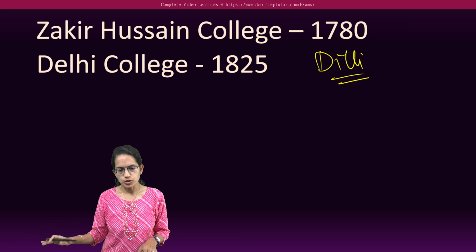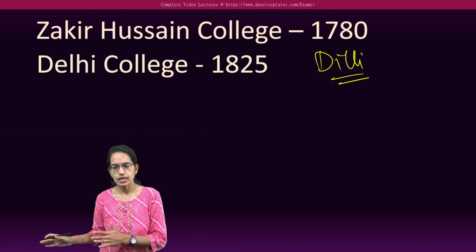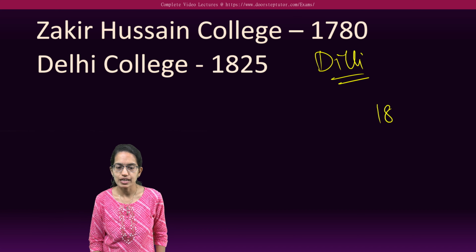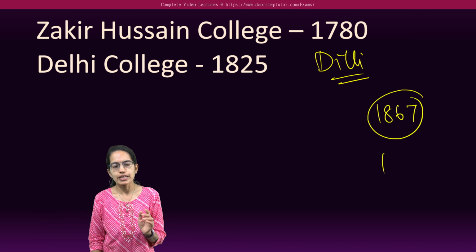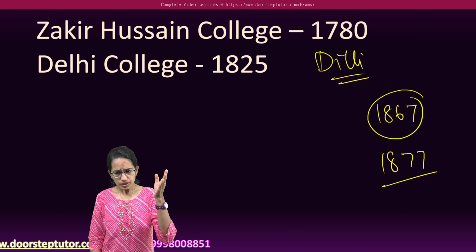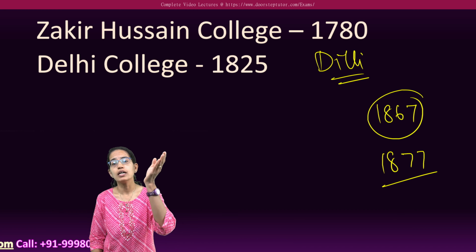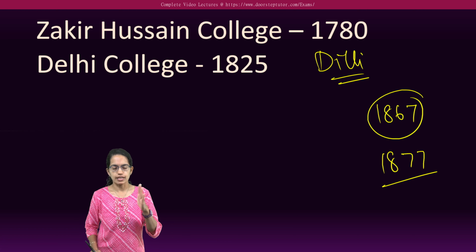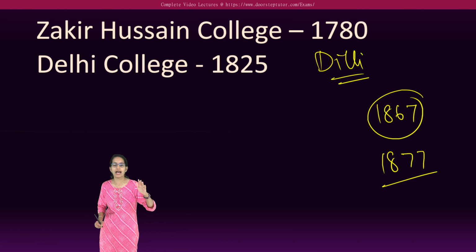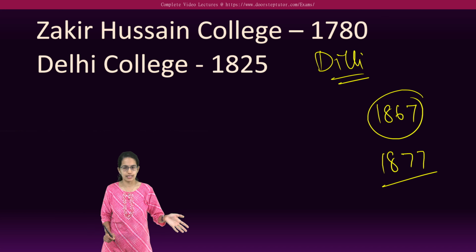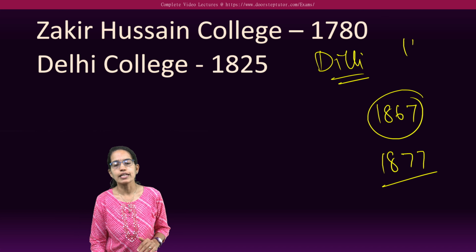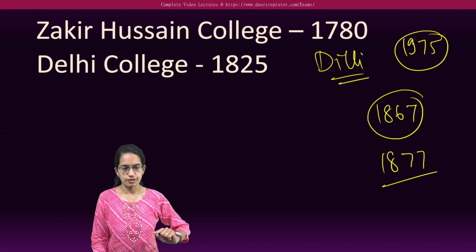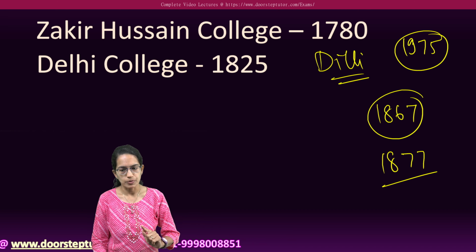Later on it was reopened, shifted to Kashmiri Gate, then returned to its original building at Ajmeri Gate in 1867. In 1877, Delhi College merged with the Government College Lahore, and after the partition there was a temporary closure again, and it was reopened as Delhi College. Later, in 1975, it was renamed Zakir Husain College under the Zakir Husain Memorial Trust.